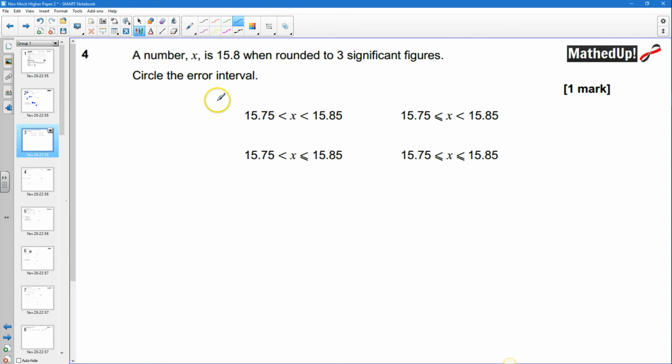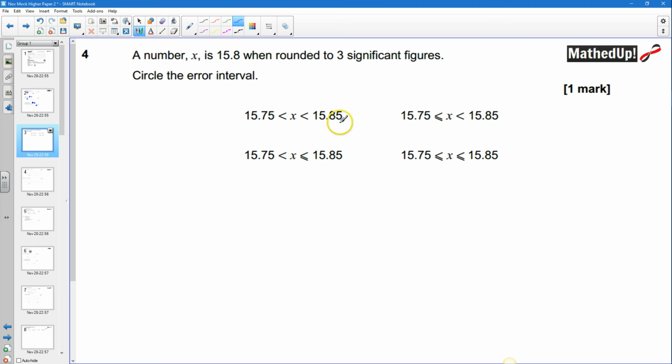However, 15.75, if it was actually 15.75, it would round to 15.8. If it was 15.85, then it would round to 15.9. Okay, so this number would actually round to 15.9.